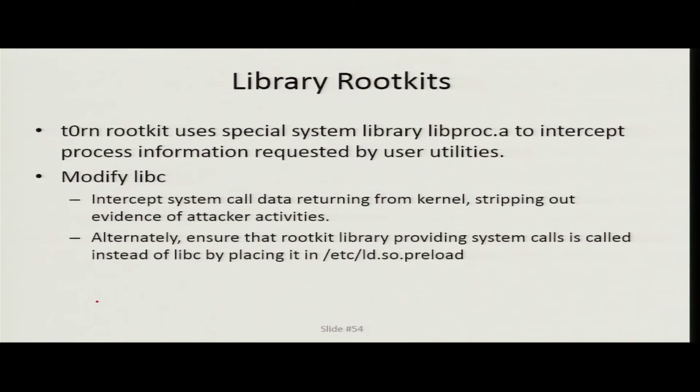Library rootkits, for example, Thorn rootkit that was originally designed in Netherlands. They actually use the libproc.a system library, and they replace that, and basically also they modify the libc.